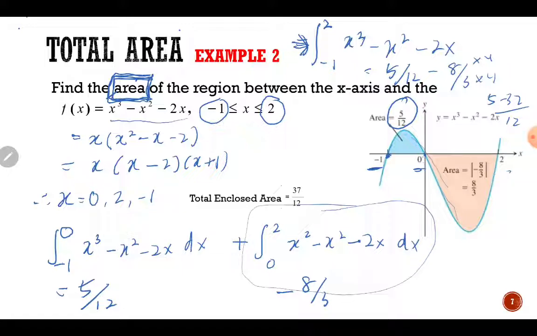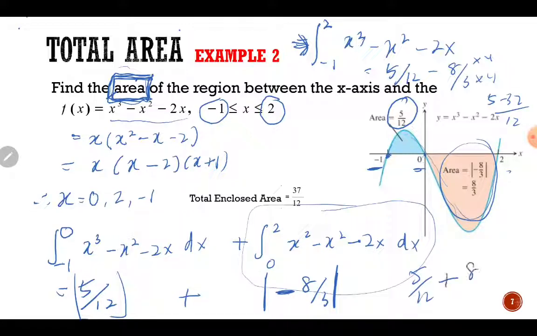So that's why kalau guna cara yang ni, apa yang dia kata adalah to find the area, 5/12 ni tambah dengan modulus of negatif 8/3. You kena jadikan area yang ni become positif. So 5/12 tambah 8/3, kita dapatlah 37/12 kalau guna cara ni.